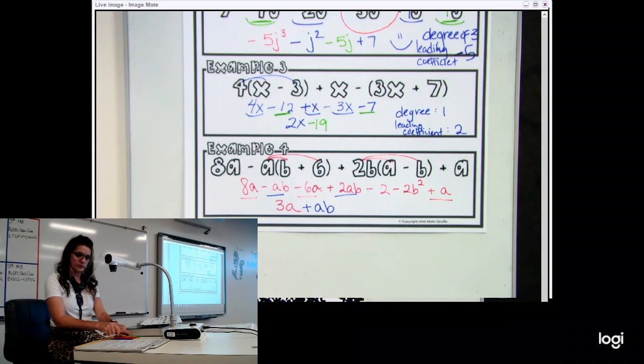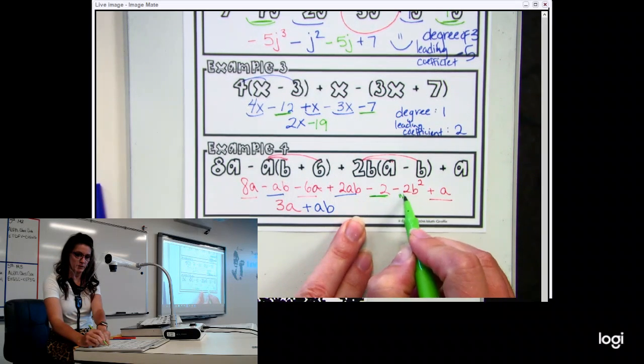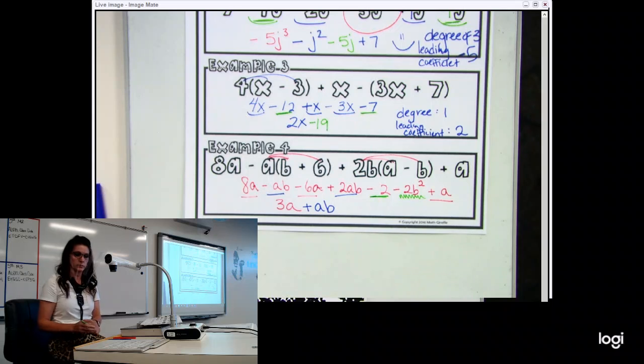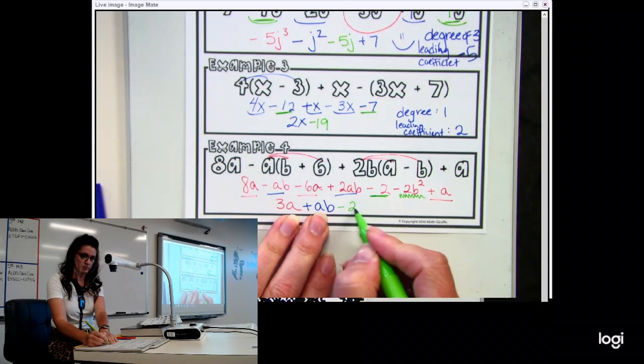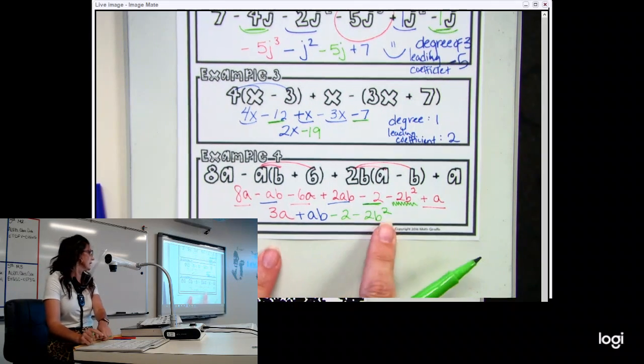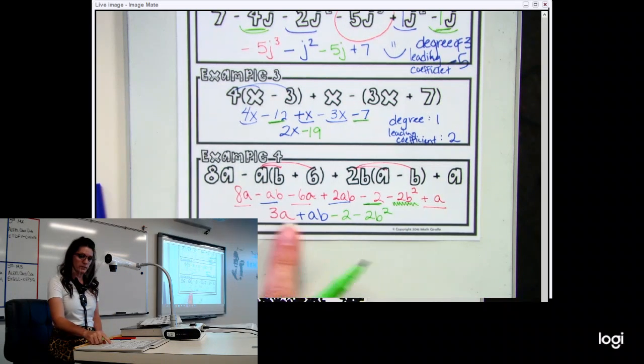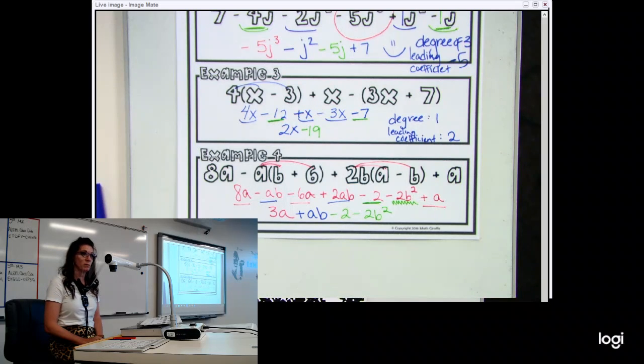What do I have left? This guy, and I'll just do a zigzag line on this guy to show they're not like terms. Right? I can't combine those. And so I just write them down. And it's always a good idea to double check and see if you have any like terms at your final answer. Do we have any like terms? We've combined everything we can, right?